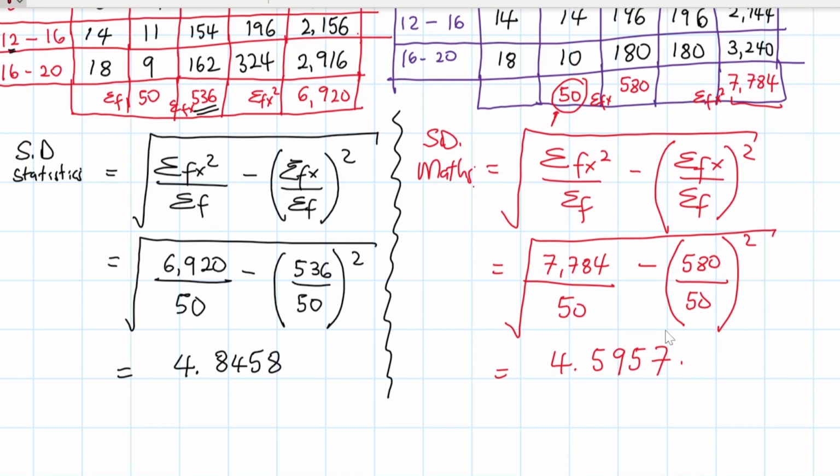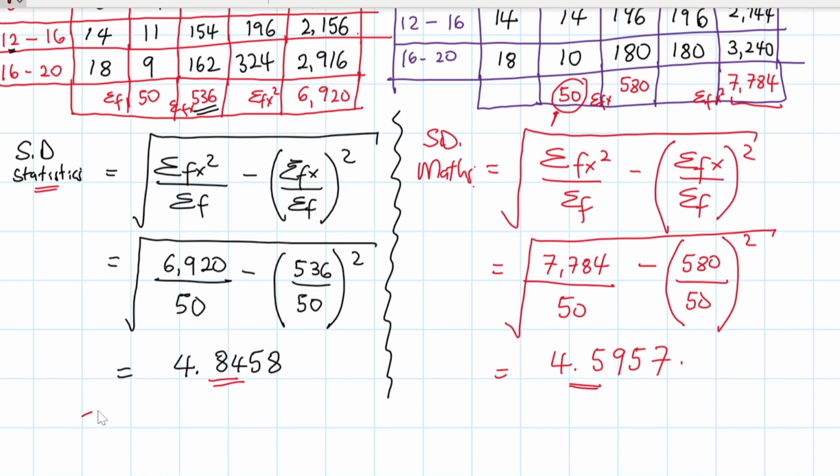After ending up with that, let's get back to the question. We have found the standard deviations of the two. So which one has a better spread? You will find that the standard deviation for statistics is 4.8, and the one for math is 4.5.